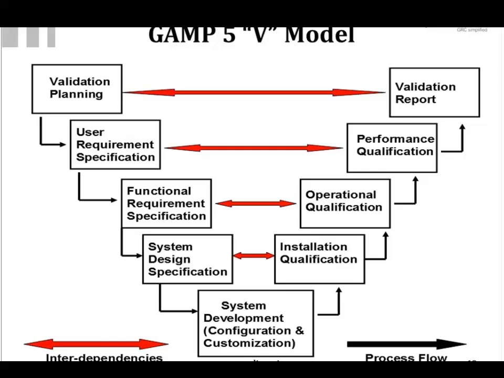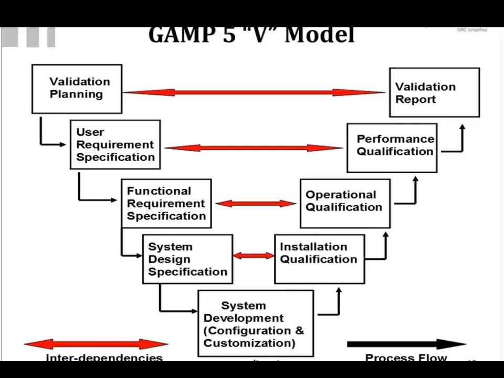You then move to installation qualification testing, where you're going to make sure the system is installed properly. After that, you move to operational qualification to assure that the functional code of the base package is working. And finally, you get to your performance qualification, where you're looking at it more from a user's perspective, and a user is actually executing it in a production simulated environment with production simulated test data.